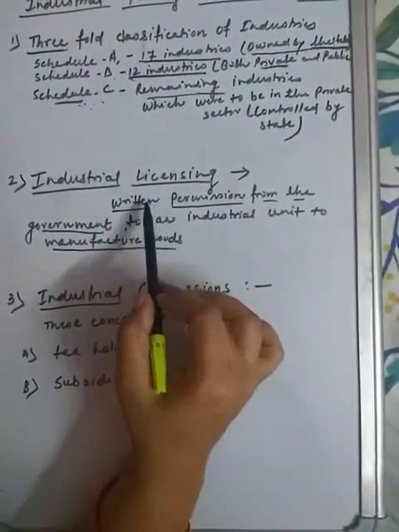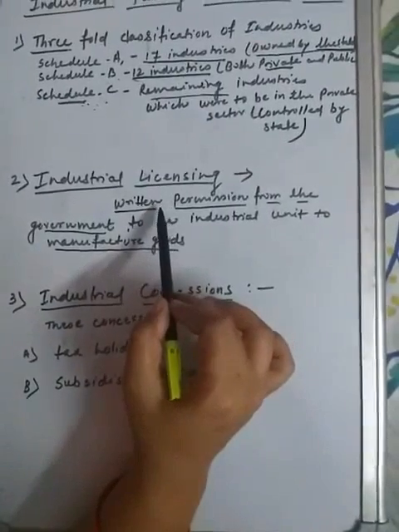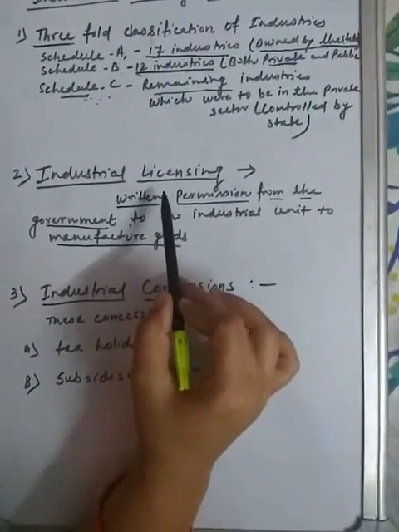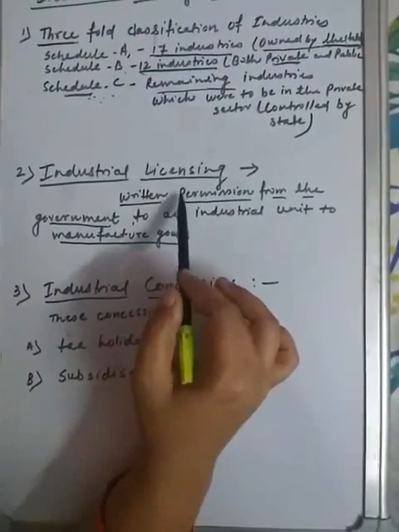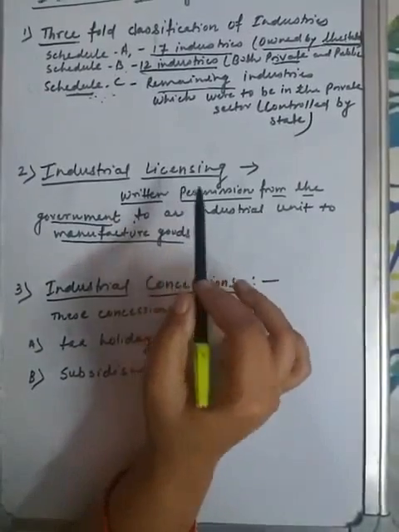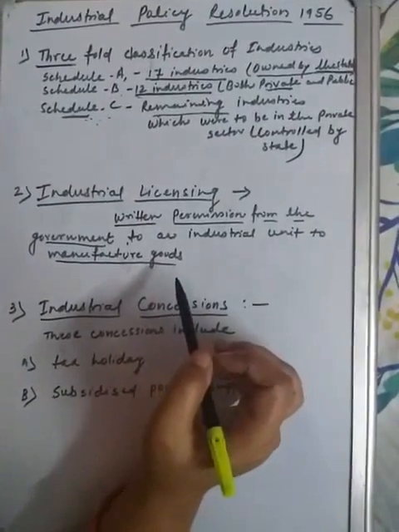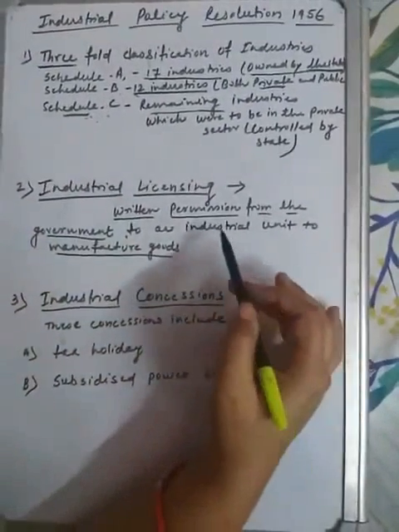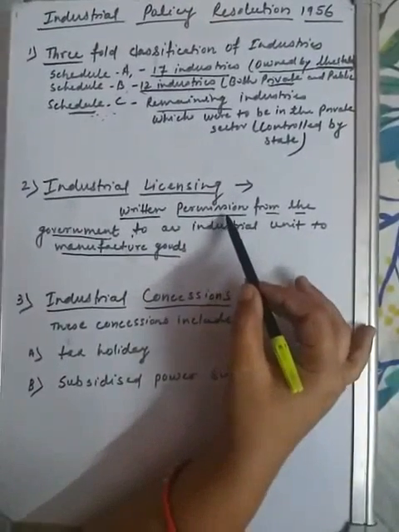It means if any industrialist wanted to establish an industry, first he has to take permission in the form of a license, granted to the industrialists or private sector.